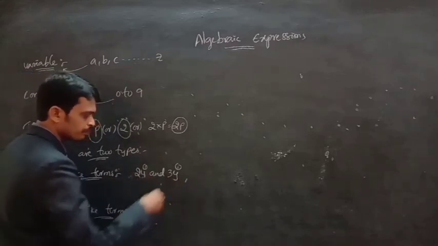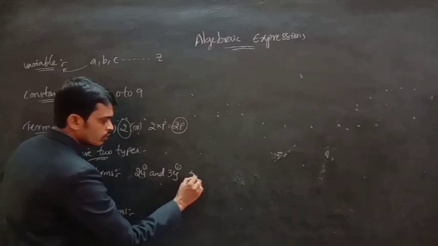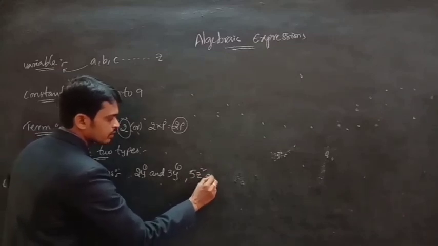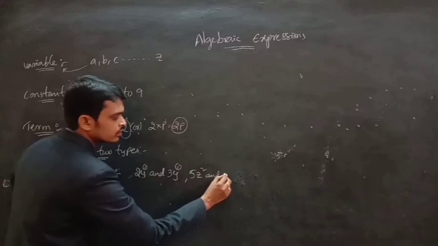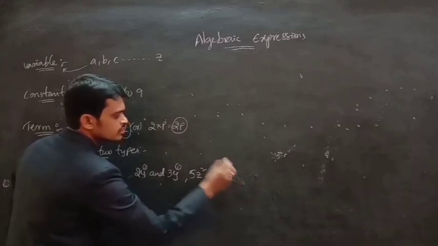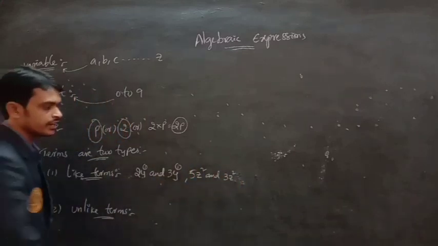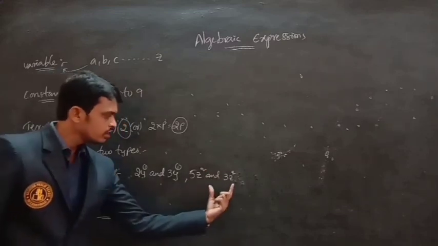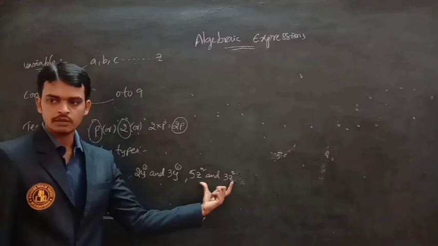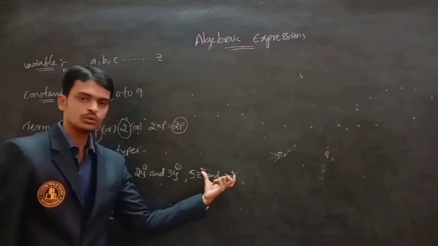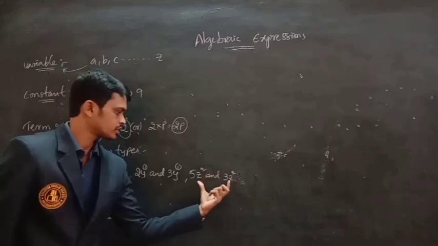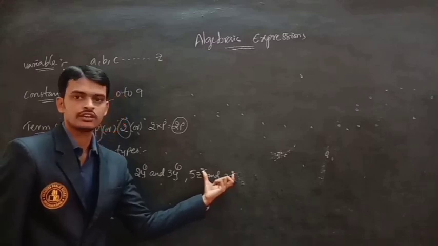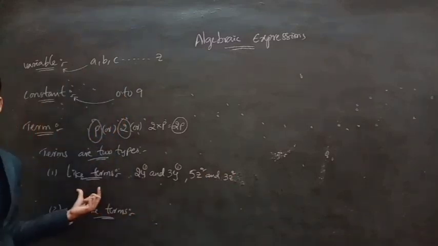One more example, 5z square and 3z square. What is the variable? z, the same variable. What is the exponent? 2. So terms with the same variable and the same exponent are called like terms.